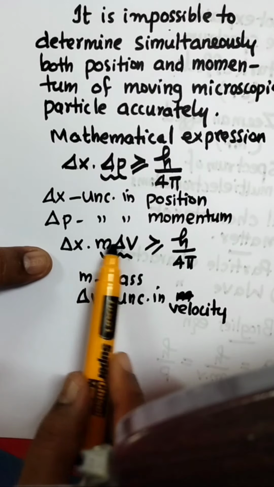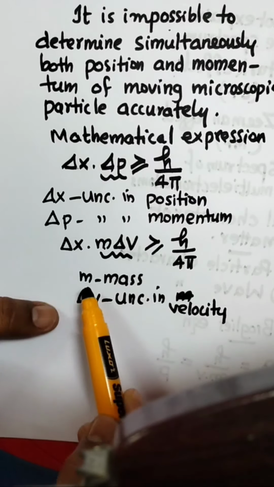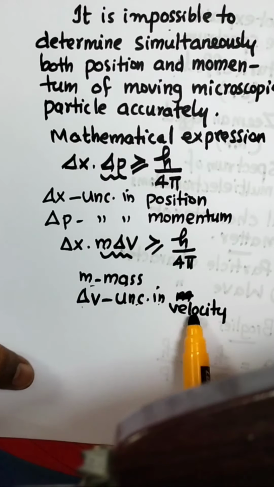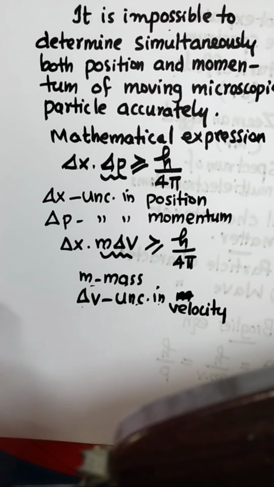Delta x into m delta v greater than or equal to h by 4 pi. M is mass and delta v is uncertainty in velocity.